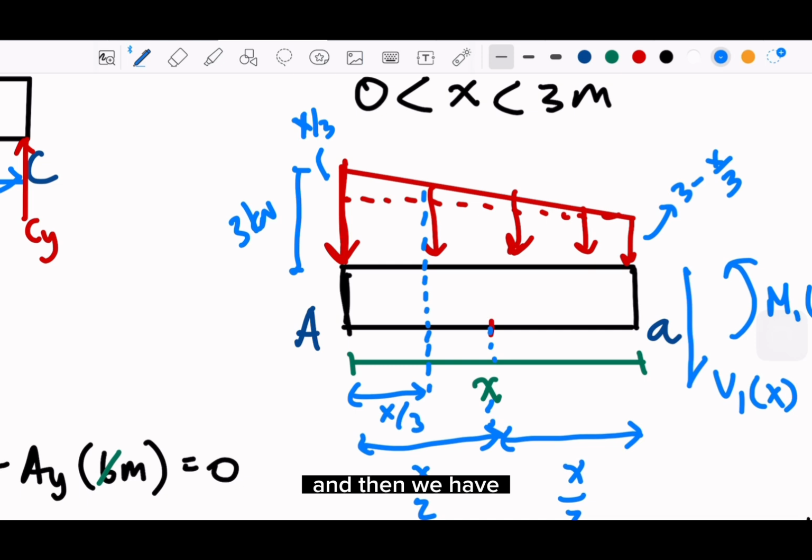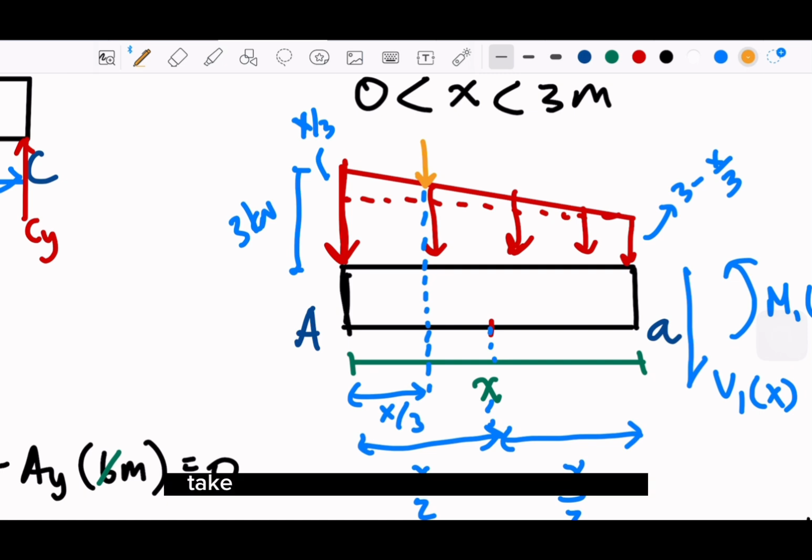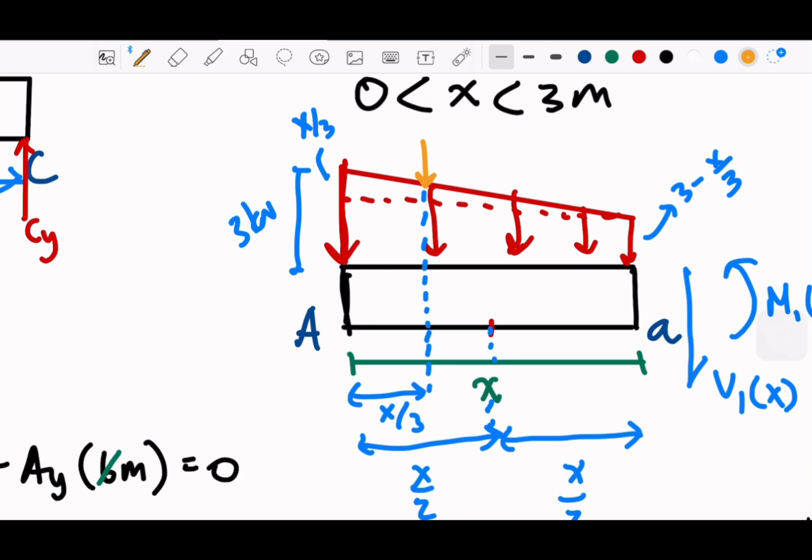And then we have, for the triangle, we could take the X over 3, multiply X over 3, which will be X squared over 9 and then divide by 2, what would be? So X squared over 6, right?